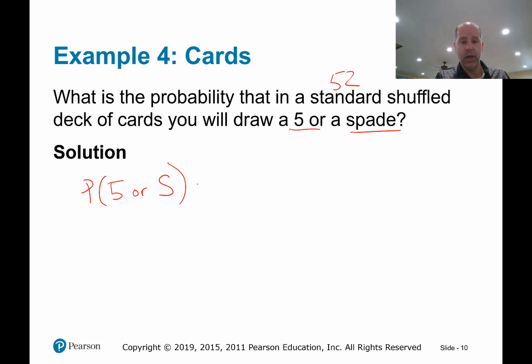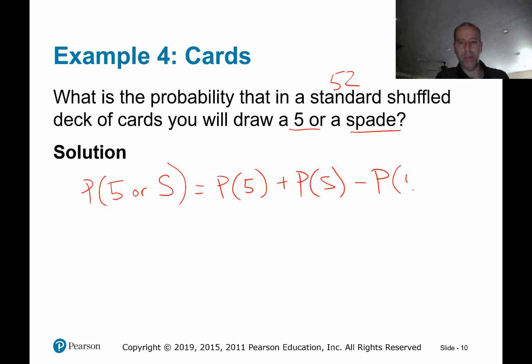So we're going to use the general rule, which is going to be the probability of getting a 5 plus the probability of getting a spade minus the probability of getting both a 5 and a spade. And so what's the probability of getting a 5? Well, there are 4 5s out of 52 cards.